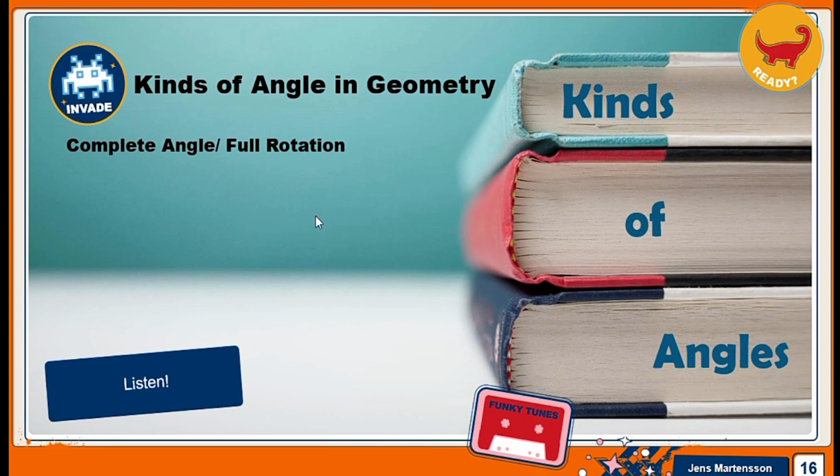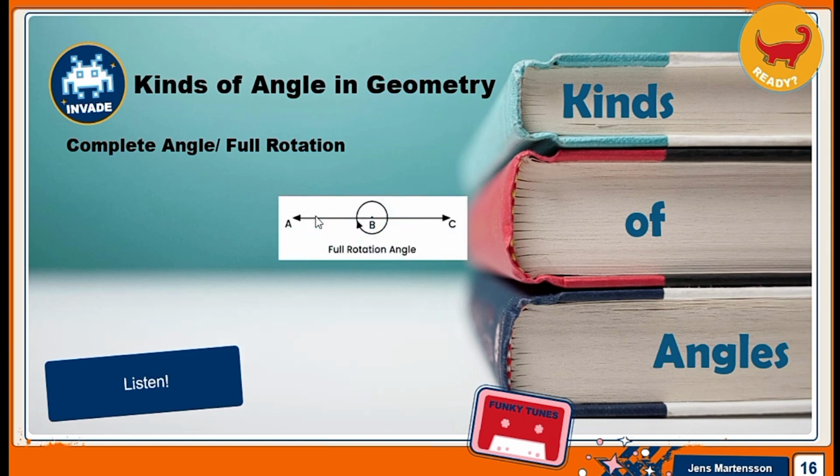So, let's move on. Full rotation or complete angle. This is the illustration of a full rotation or complete angle. So, the rotation is full. As you can notice in the figure, this is the rotation. The rotation is full.